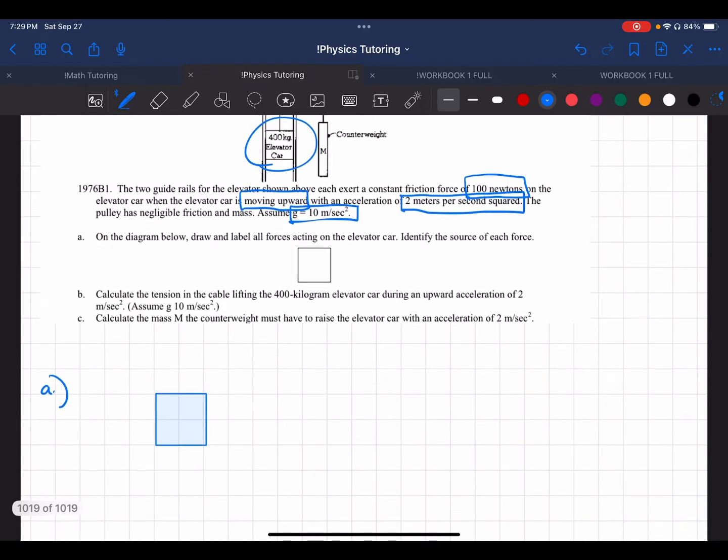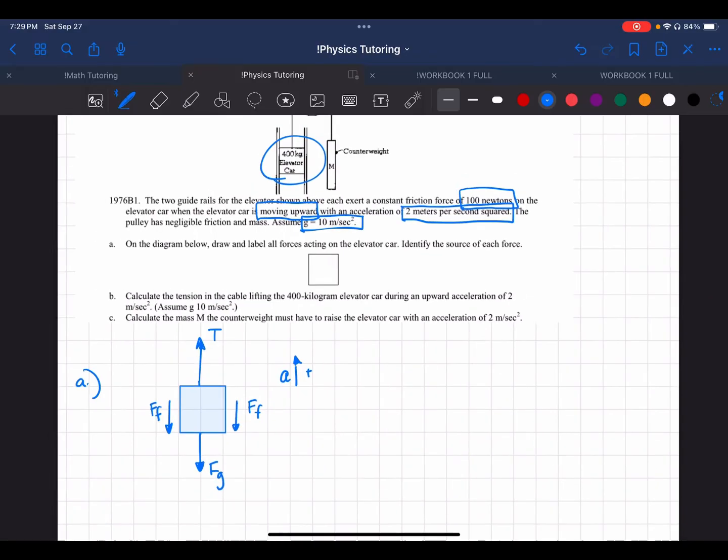Then since it's going up, acceleration is up. This is my tension. Friction will be the opposite way. And then you have FG going down, right?